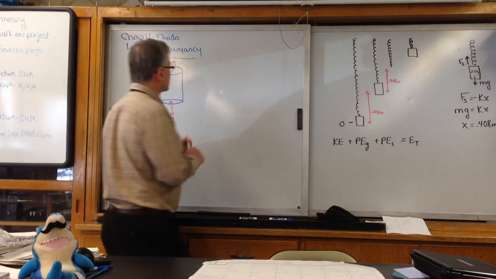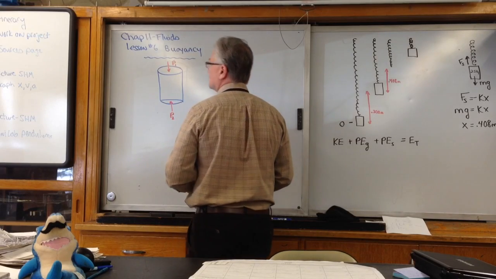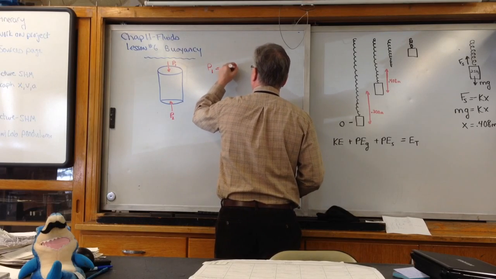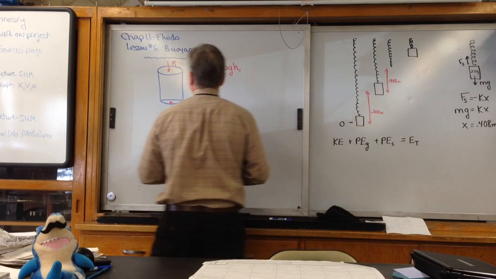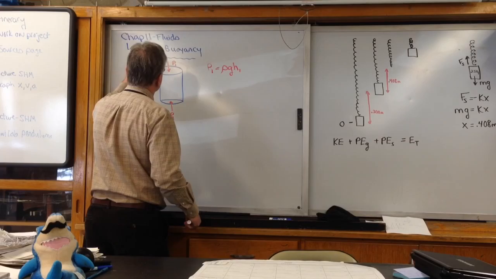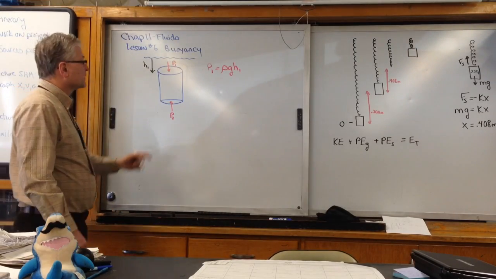And we know that the pressures, for example, P1 here is going to be equal to our new friend in our new formula, rho g h. And I'll call that h1. h1 is the depth of the water. So h1 is how far it is from the surface of the water to the top of the can itself.